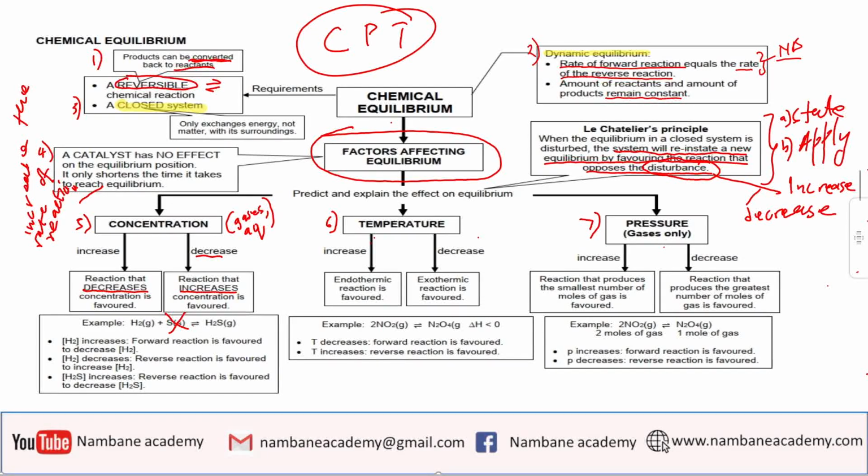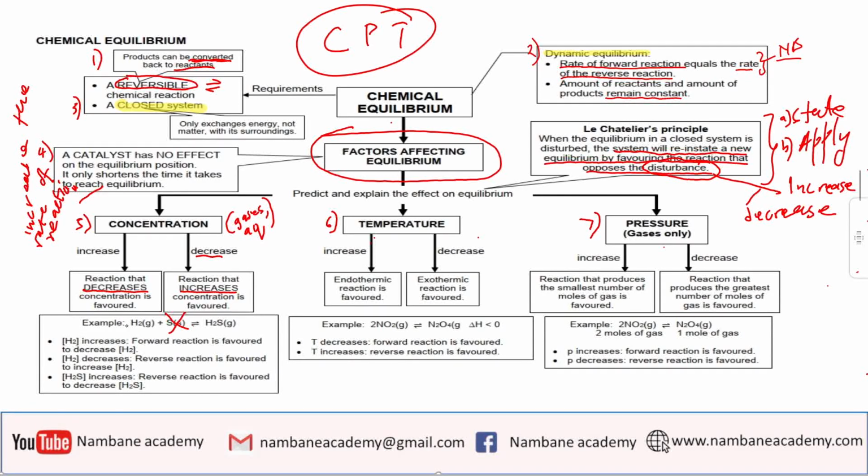That solid is maybe going to assist me only to use the ratios thereof. But in my calculation, my explanation of Le Chatelier's principle, it's not going to work. Why? Because a solid does not have concentration.